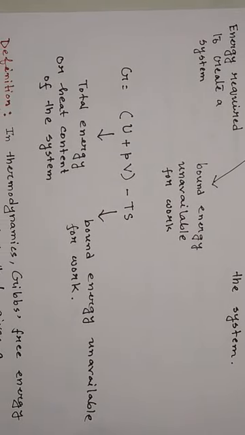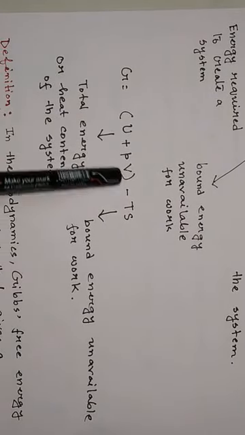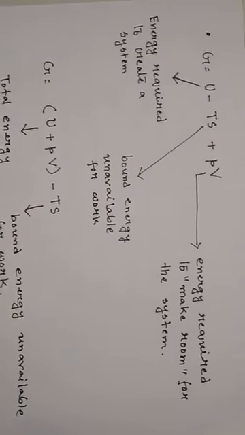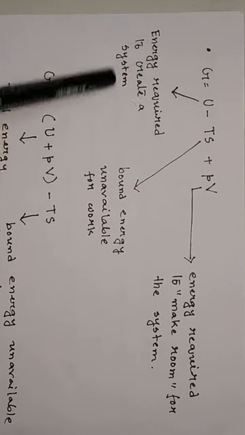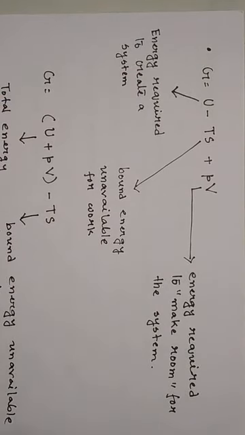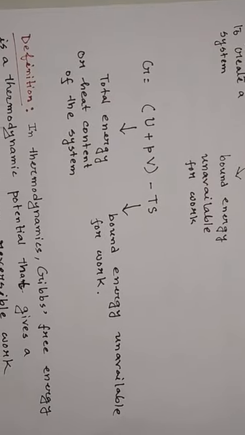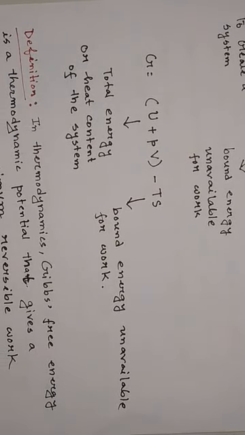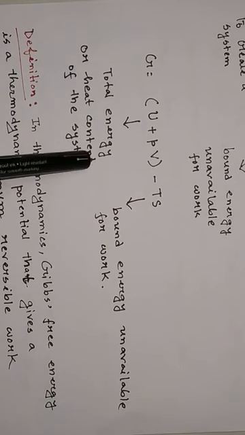Now if we write G as U plus PV minus Ts, then U plus PV gives us the sum of the energy required to create a system plus the energy required to make room for the system. So U plus PV gives the total energy or heat content of the system.